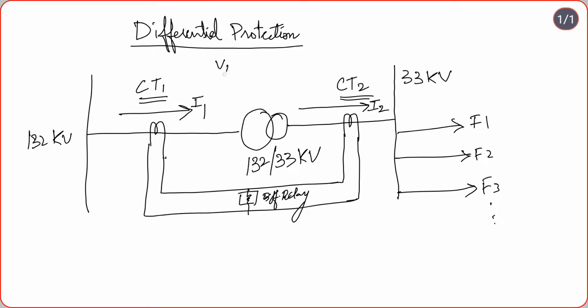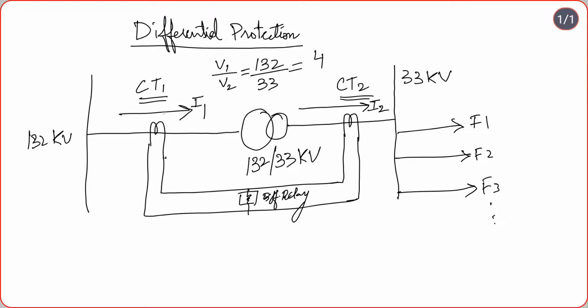Here V1 by V2 is 132 by 33, that is equal to 4. 4 is the turn ratio here, and voltage gets stepped down by a factor of 4, and the current in turn will get multiplied by 4 on the 33 kV side.